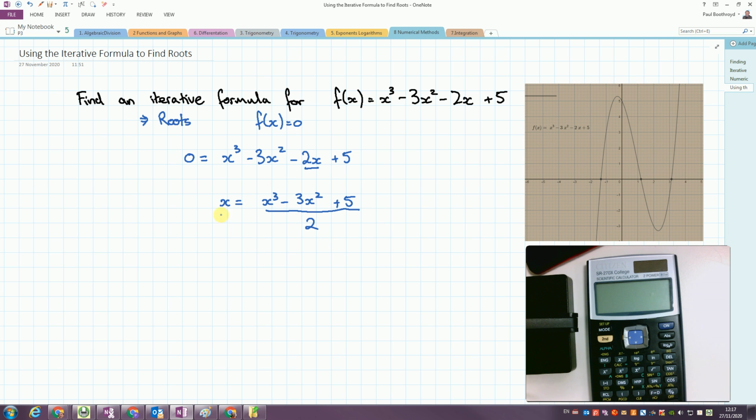What the iterative formula suggests is if you make a good guess to start with, xn, and put it into here, if you start with a good guess and put it into this formula, it should give me a better guess.